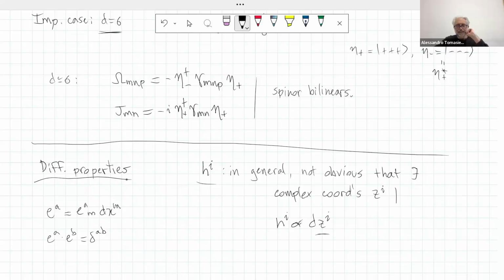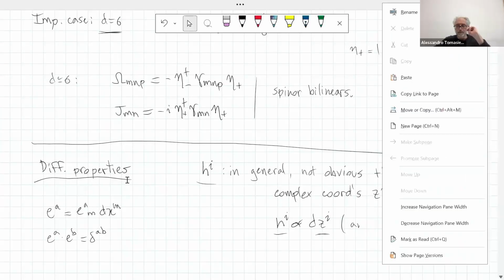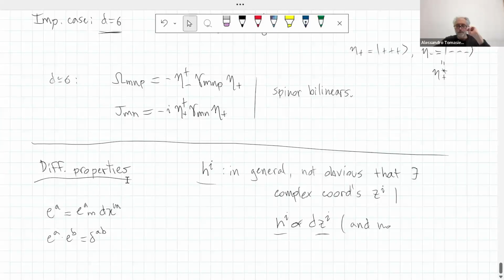But who says that there is a choice of complex coordinates such that the h^i are only the span of these complex coordinates and not the dz bar^i? This is not guaranteed.